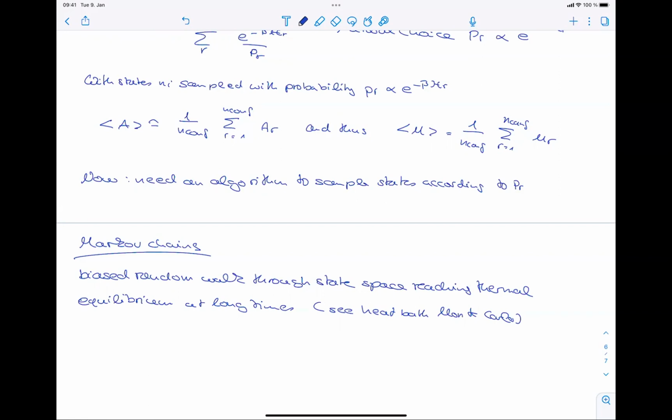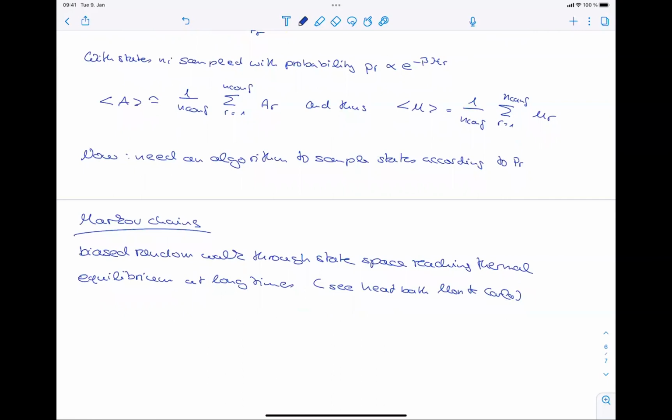And so what are the equations that are now governing this biased random walk?